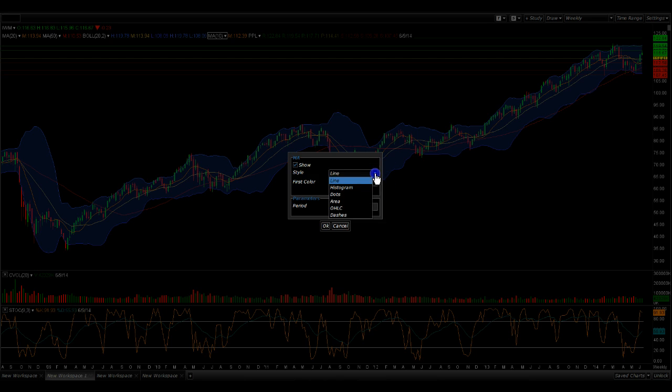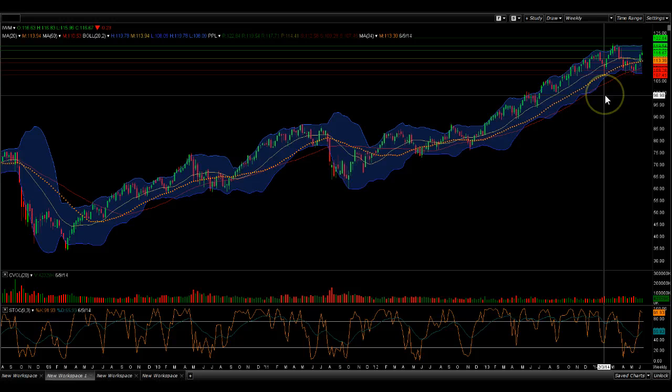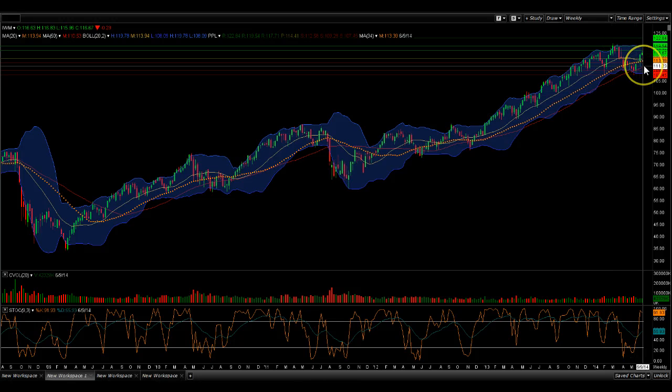I'm a big believer in the 15 and 34. There's the 50-day and the 34. There we go. The 50 and the 34-day crossovers and things like that. 34-day crossovers, very important. We can clearly see here the 50-day still trailing up.